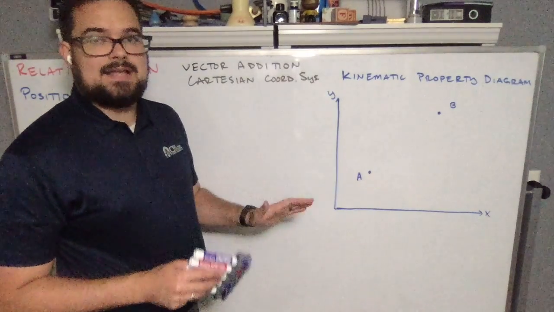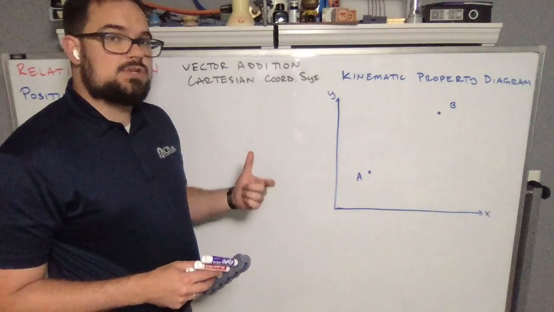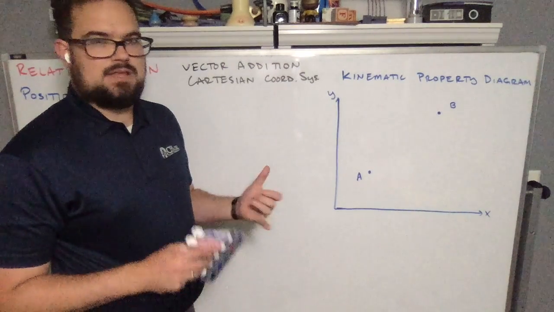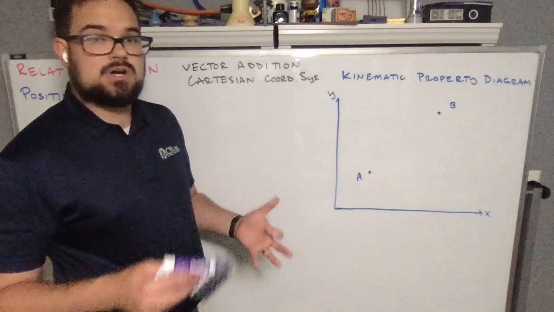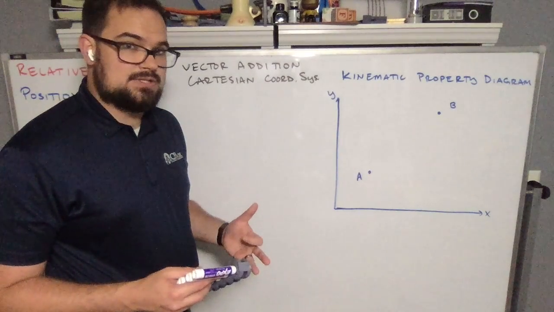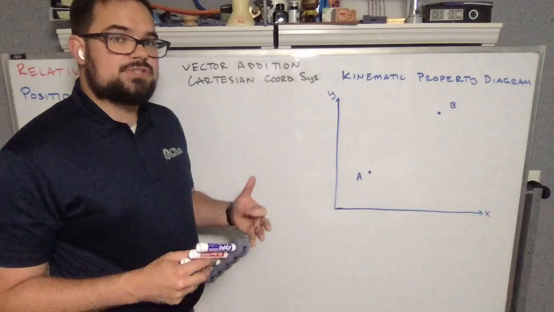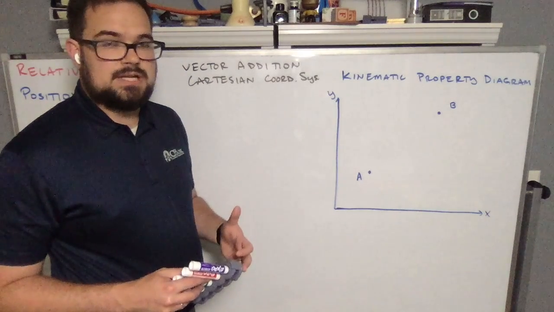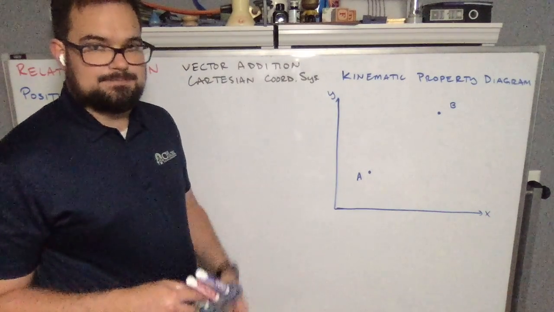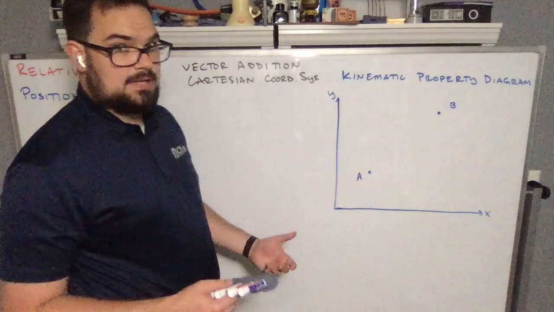We're all for that. That's great. But what we're going to then want to do is convert that from whatever, either the path, polar, or Cartesian, into a common Cartesian system with a common origin, so that we can do vector addition to calculate the overall position, velocity, and acceleration.